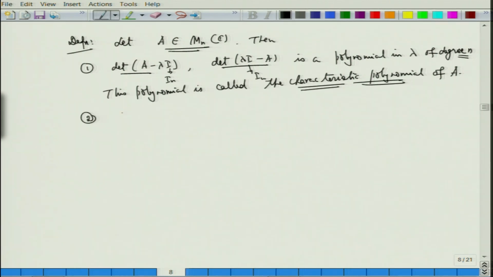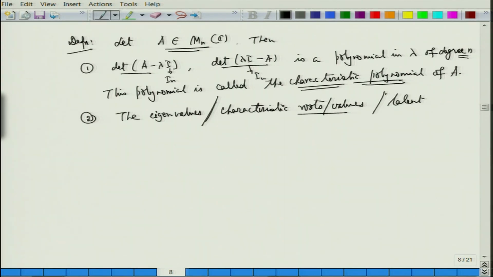So the eigenvalues, or characteristic roots or values, or latent roots, are the roots of the characteristic polynomial.